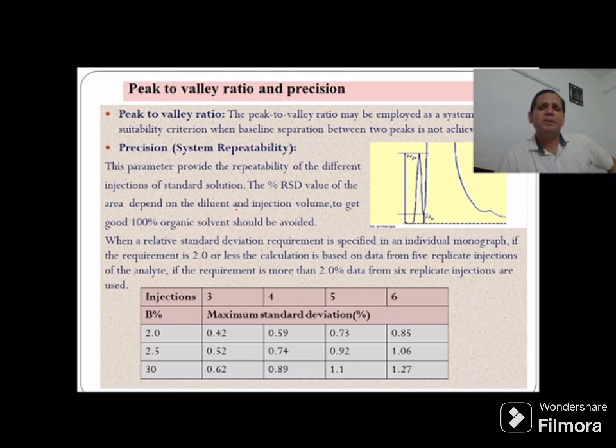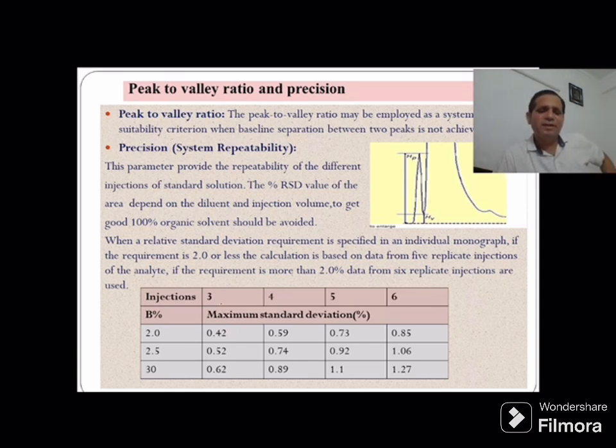So to check the repeatability, we have to inject the standard at the spec level, and we have to check the percentage RSD value. Suppose when you are injecting 3 injections, 4 injections, 5 injections or 6 injections, based on the number of injections of the standard solution, we can fix the limit of the standard deviation.